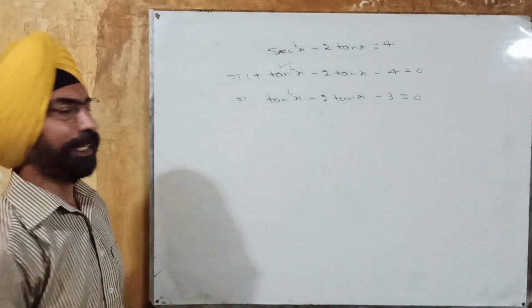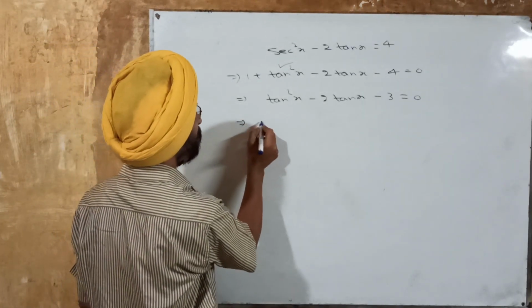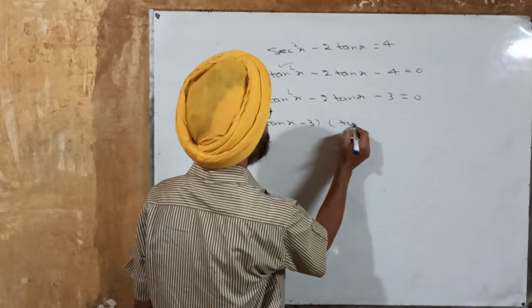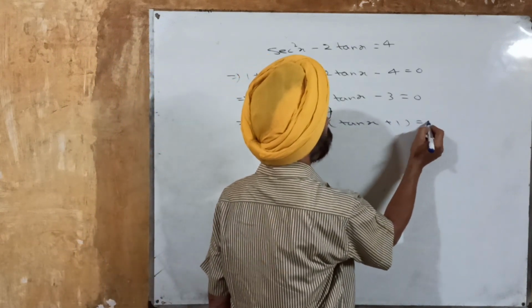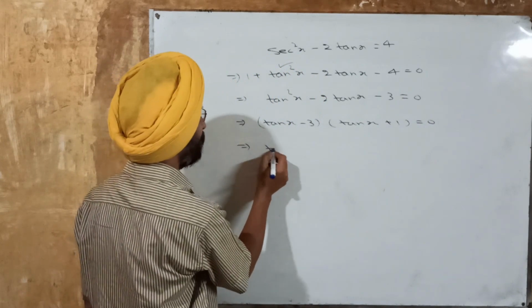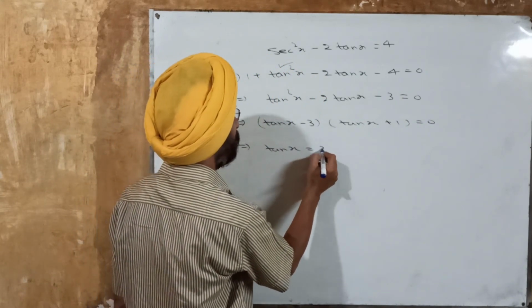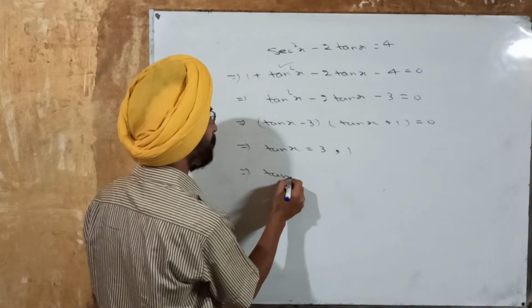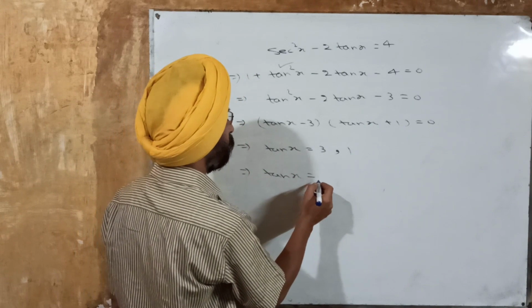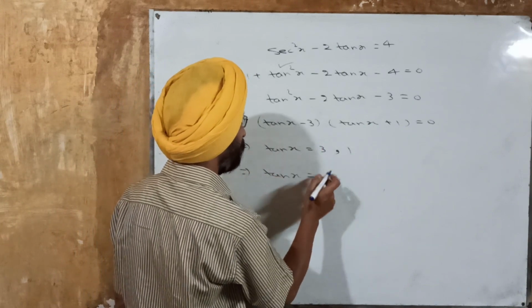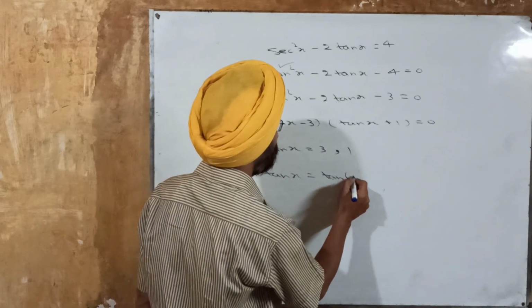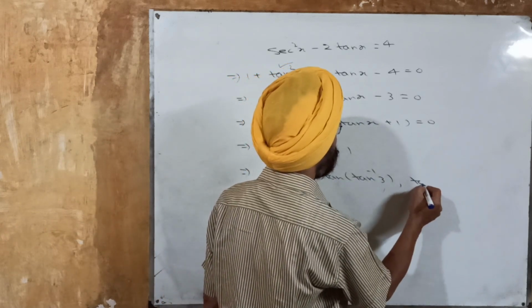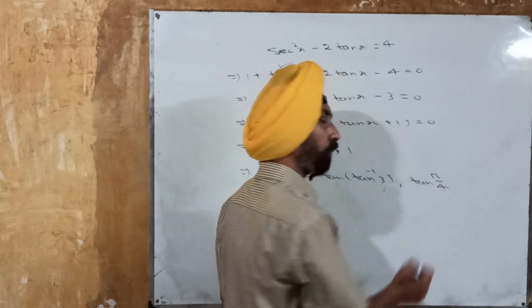And now this can be factorized. Factorizing, you will get (tan x minus 3)(tan x plus 1) is equal to 0. This means tan x is 3 or -1. So you can say tan x is equal to tan of tan inverse 3, or this can be written as tan of minus π by 4.